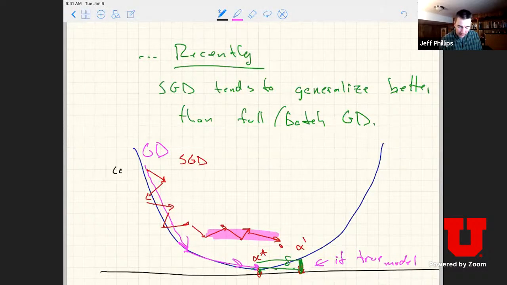If I start at 0, 0, 0 here, this is alpha 0, and I stop earlier, I'm going to tend to have a simpler model. The coefficients will be smaller, and that tends to generalize better in some ways.